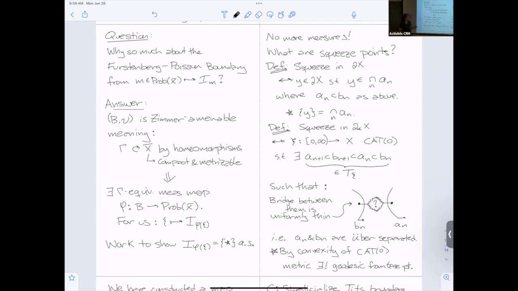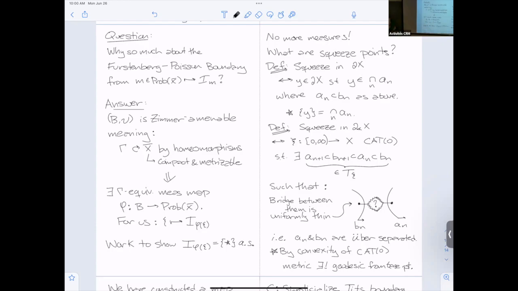So for us, we're able to start to get control over those probability measures by associating the interval. And then the work goes into showing that almost surely those intervals are points. Okay, so if you don't like measures, we're not going to see them anymore.